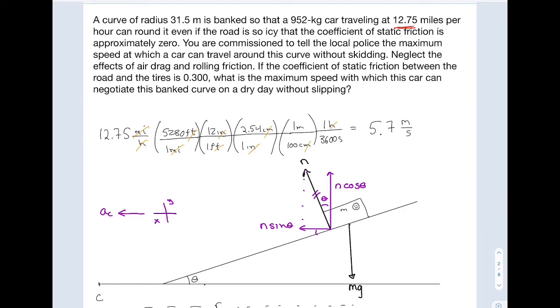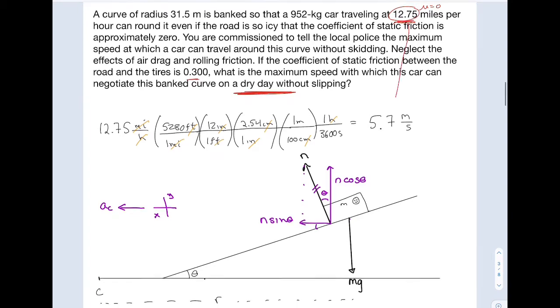The coefficient of static friction is 0.3. What's the maximum speed with which this car can negotiate this banked curve on a dry day? You were given the information about how fast it can go when there's no friction, and now you want to know how fast it can go when there is friction. So I converted that to meters per second.